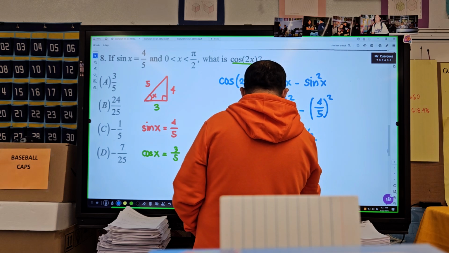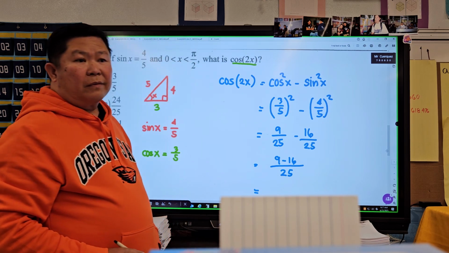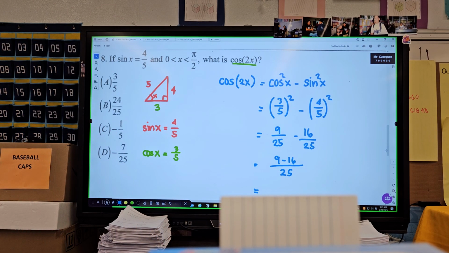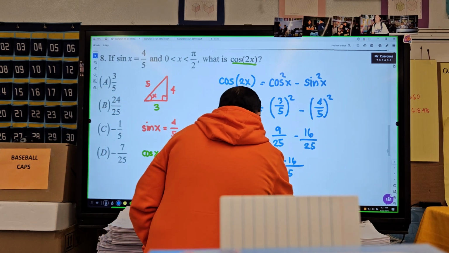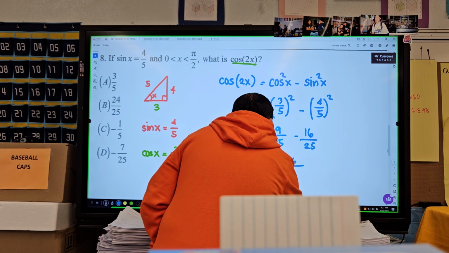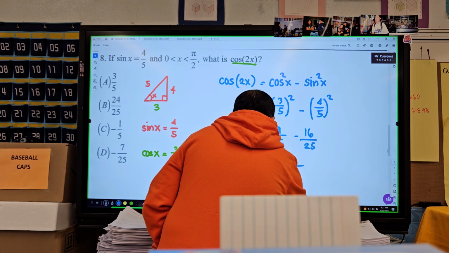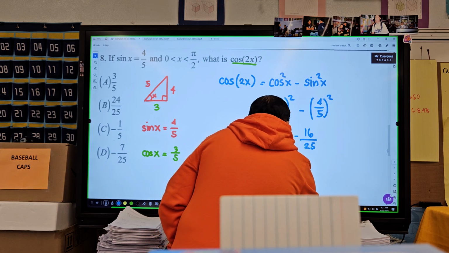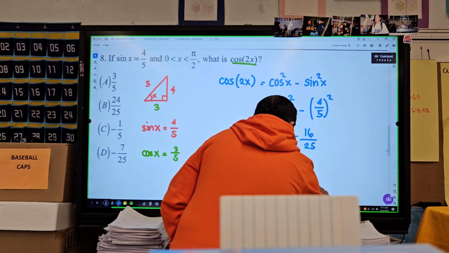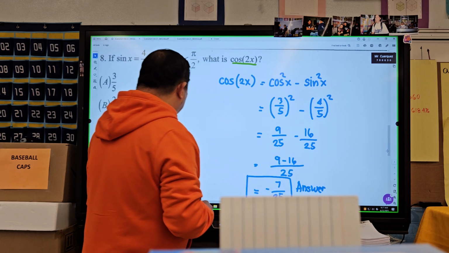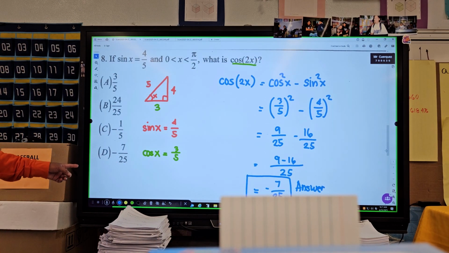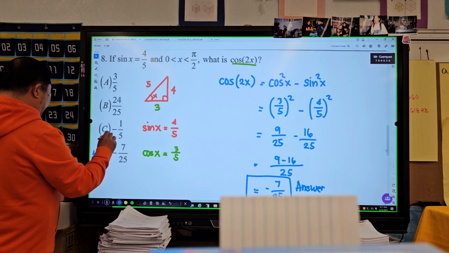But what is 9 minus 16? Negative 7 over 25. Now, what letter is this? This is our answer. Letter D, right? Letter D is the right answer.